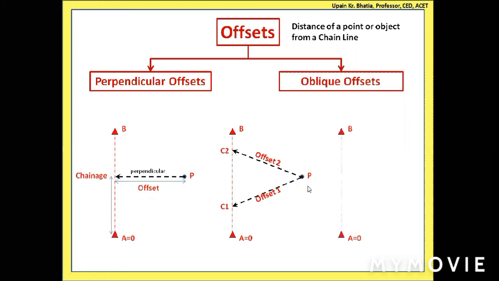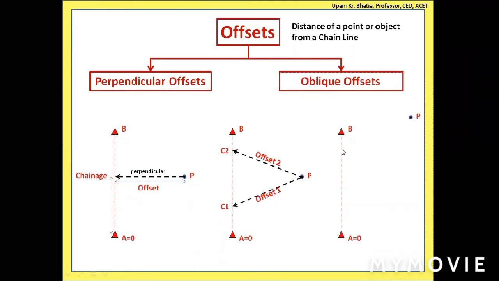But there may be another, similar situation, like A and B. These are the points and AB is the chain line, but your point P is somewhere here. Now you can see this P point is blinking on your screen. This P is such that the direction of perpendicular is going beyond the chain length AB.